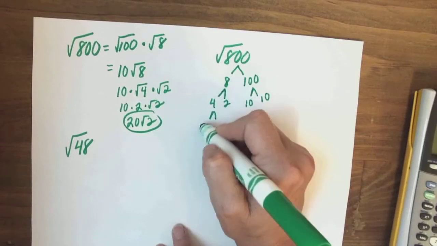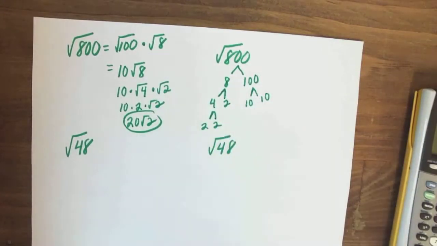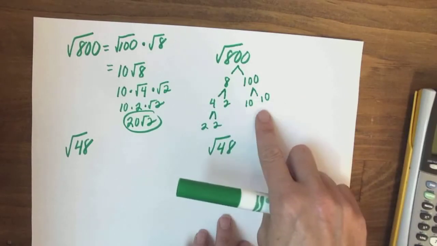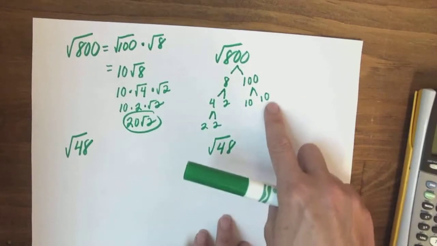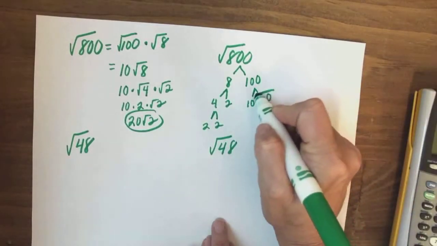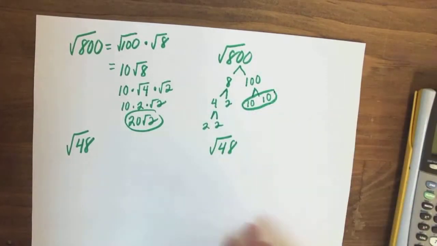You could break the 4 up into 2 and 2. Now, if you wanted to, you could break these up into 2 times 5 and 2 times 5. However, I'm not going to bother breaking them up anymore because there's 2 that are the same already. So if they can get married and become 1, why bother?